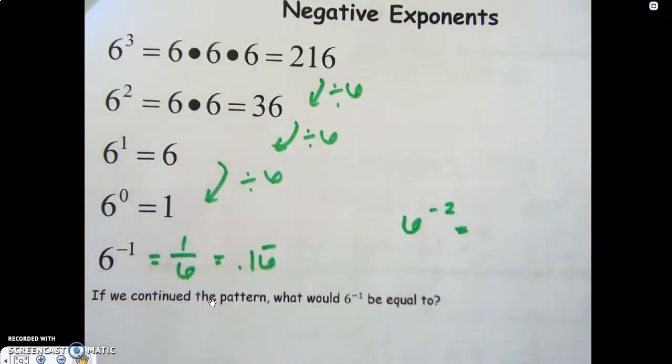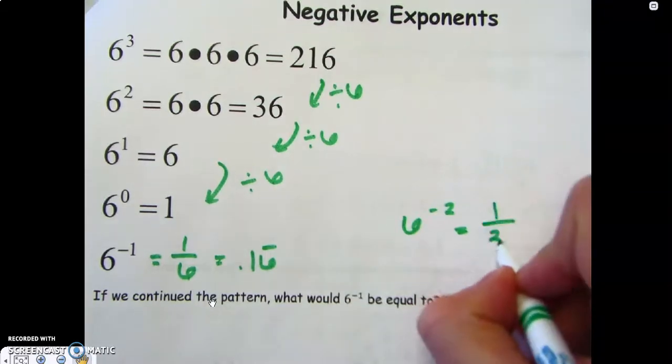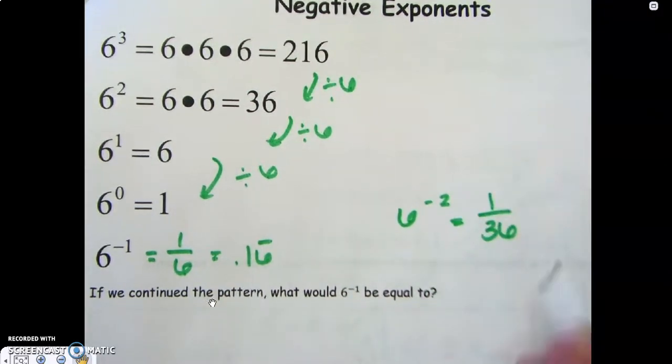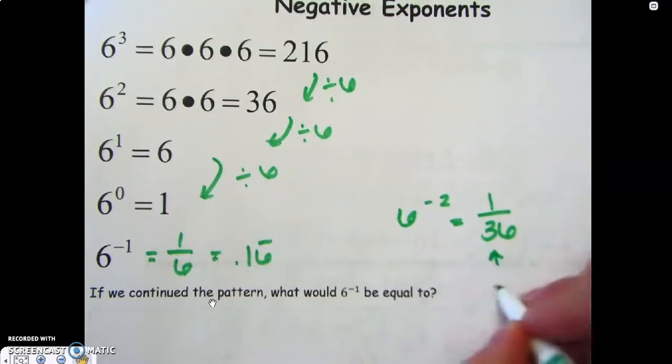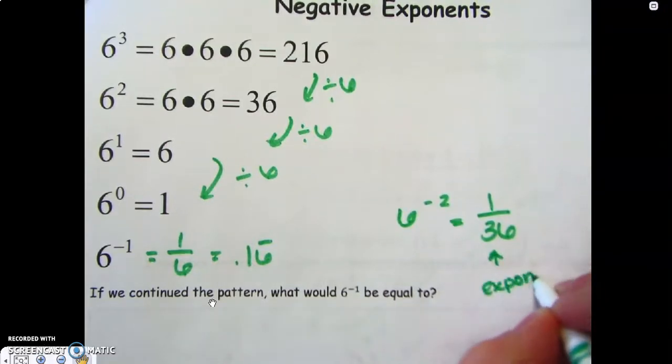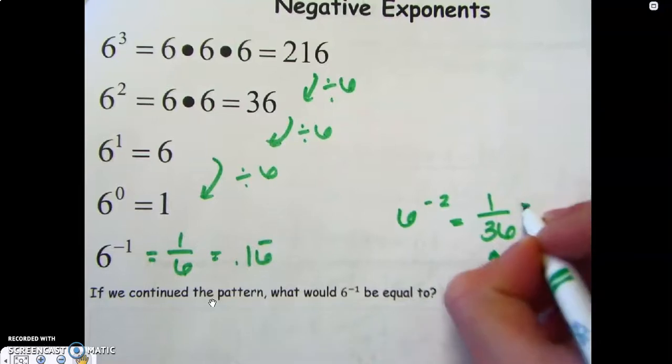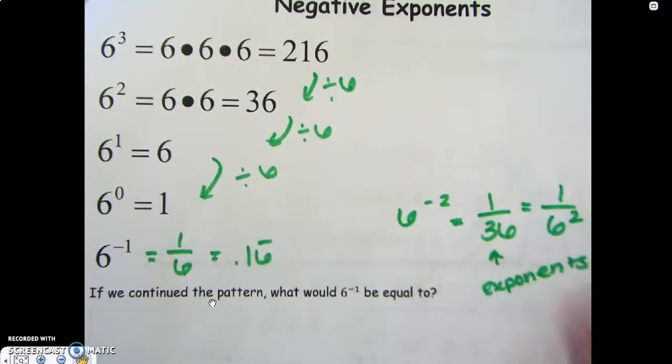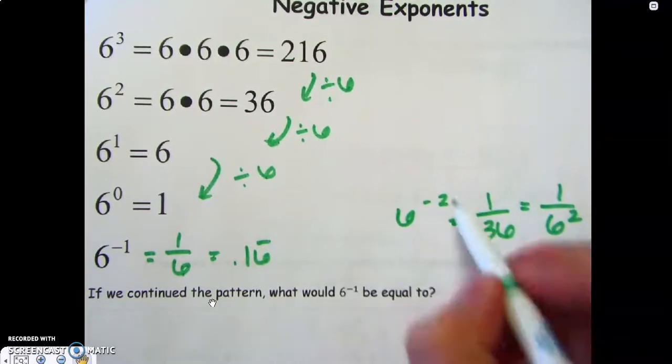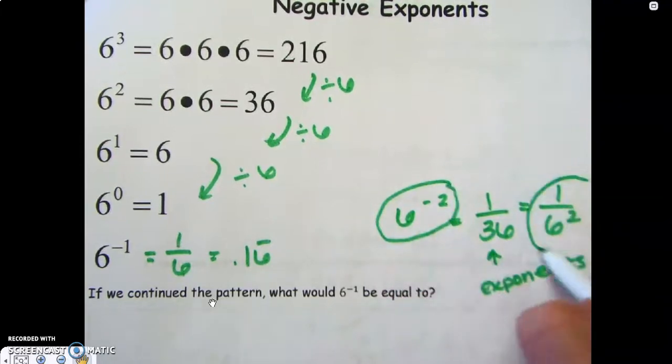So if you do in your calculator 1/6 divided by 6, and you turn that into a fraction, you get 1/36, which if I wanted to write this number with exponents, it's really saying 1/6 squared. So this is saying that these two things are equivalent.